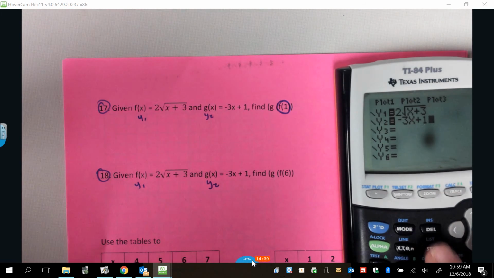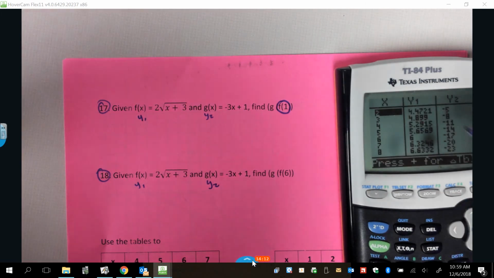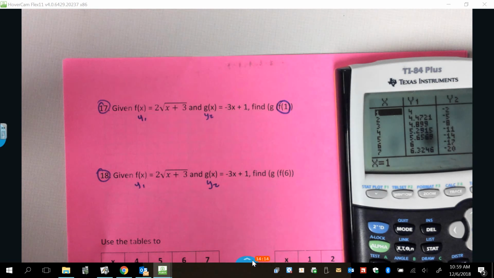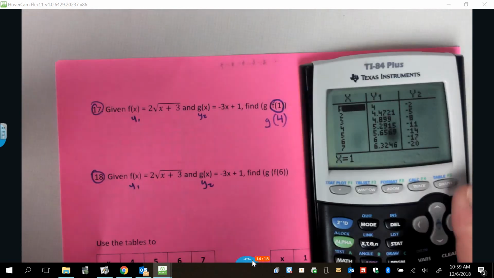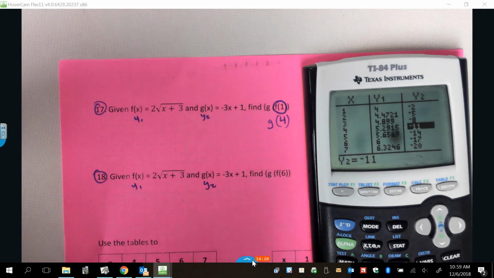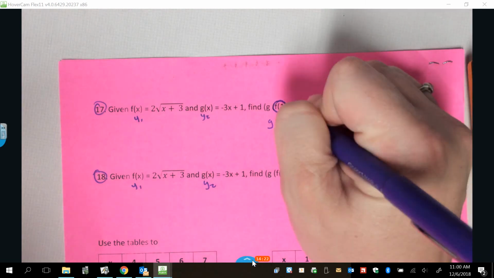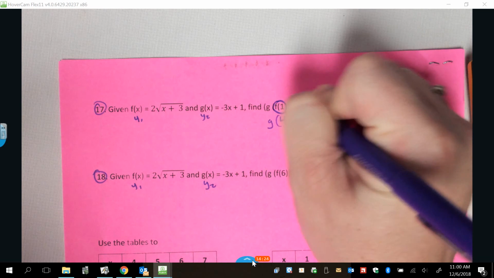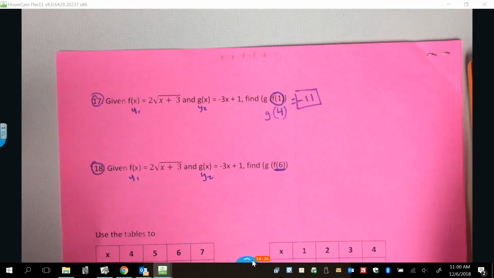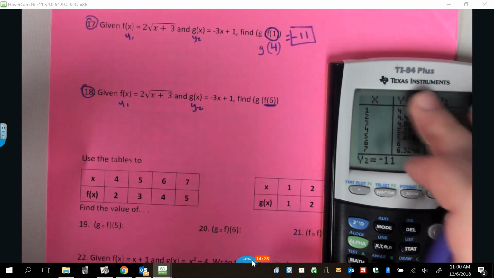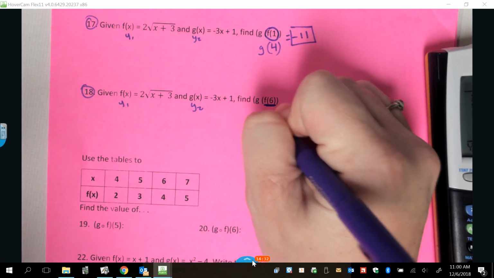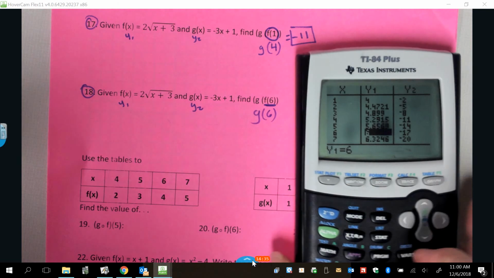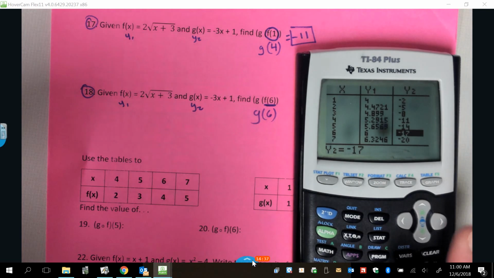Okay, so f of 1 is 4, because that's in y1, and now g of 4 is negative 11, because that's in y2. Okay, now f of 6, so remember this is y1, is 6. So the nice thing is g of 6 is just negative 17.